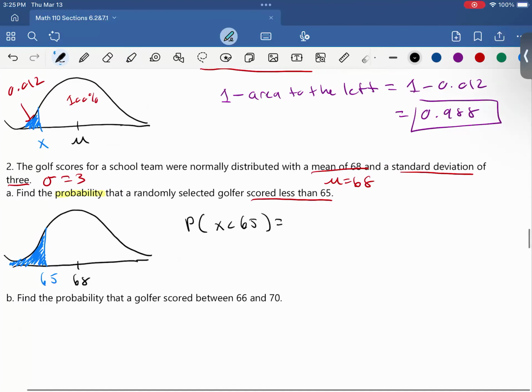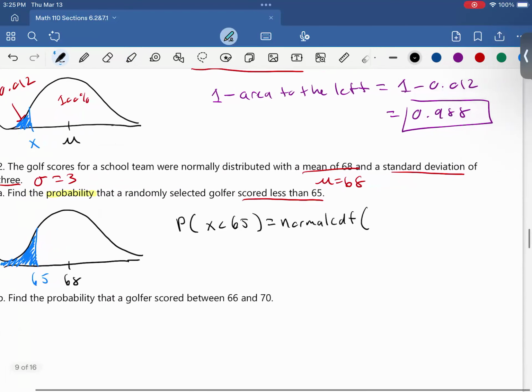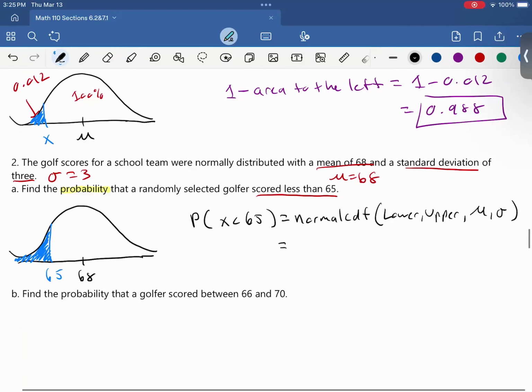It's going to be using a normal CDF application, and we're going to have a lower bound, upper bound, mean, and standard deviation.